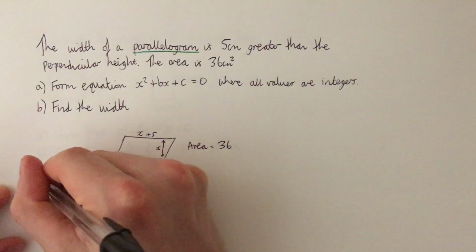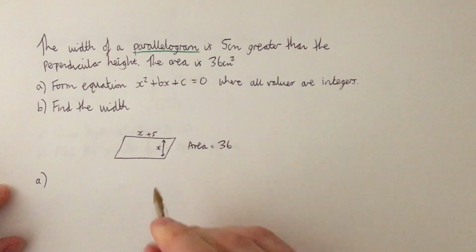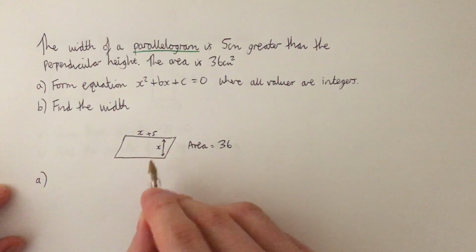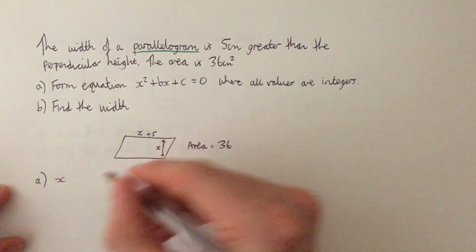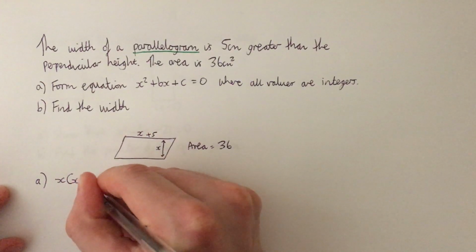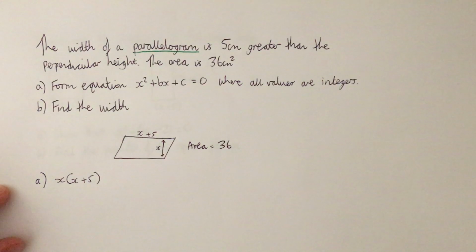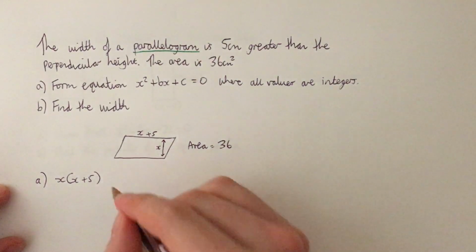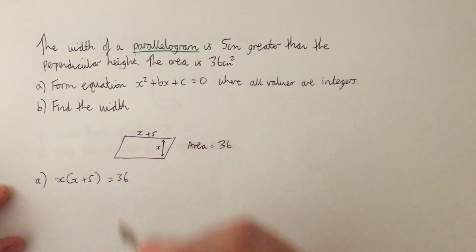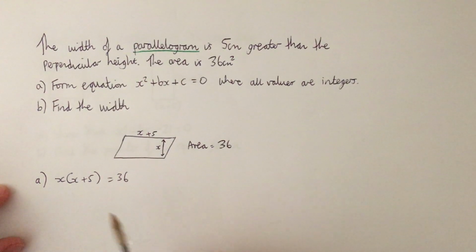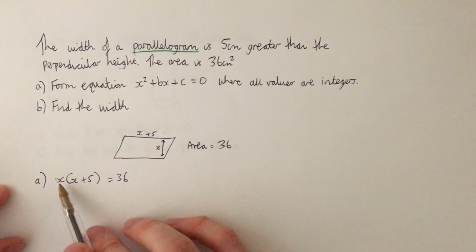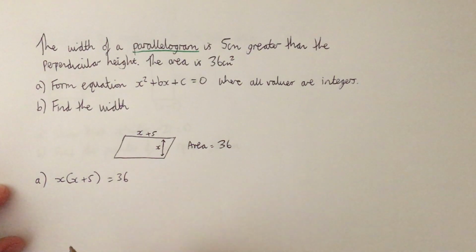So let's look at part A now. The area would be x times x plus 5, and we know that the area equals 36. So the area, the height times the width, is 36.